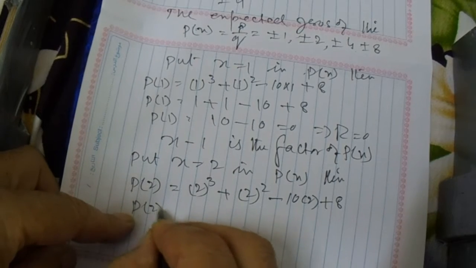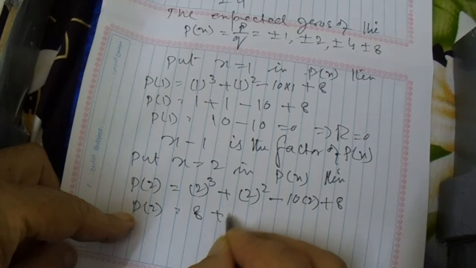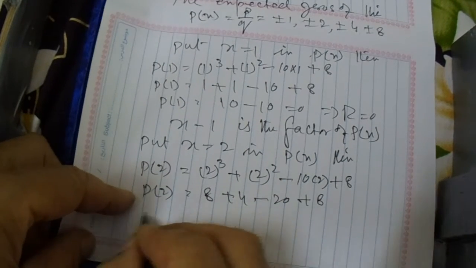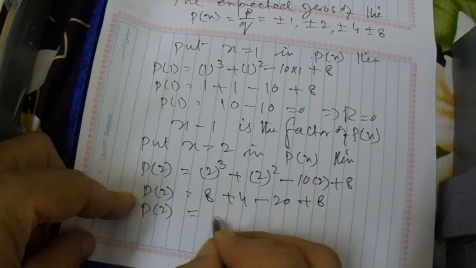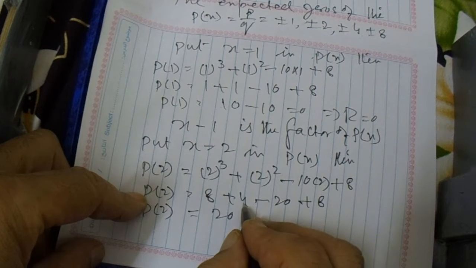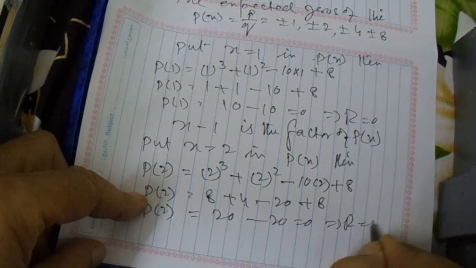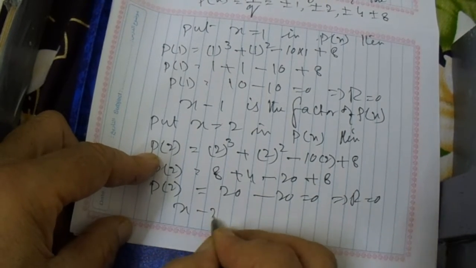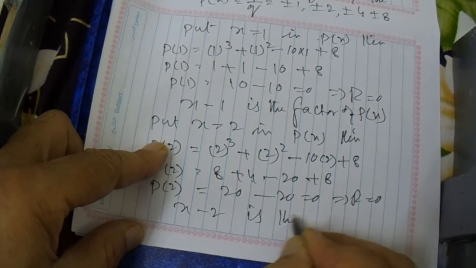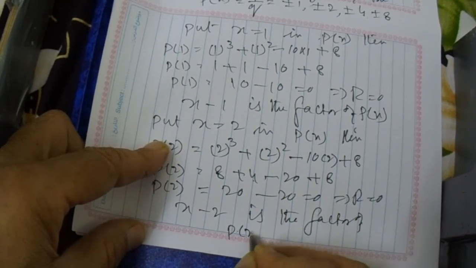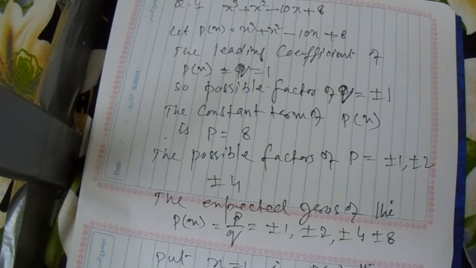Here P(2) = 8 + 4 − 20 + 8 = 20 − 20 = 0. Here R is equal to 0. So x − 2 is a factor of P(x).